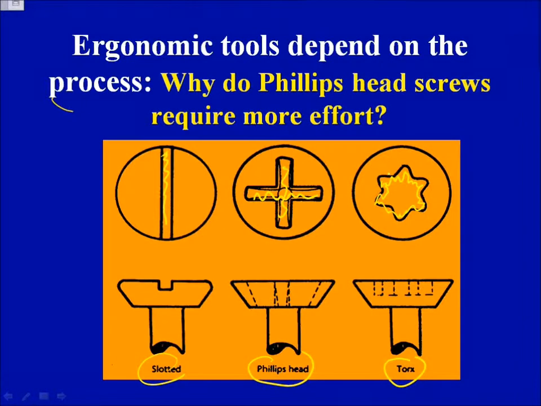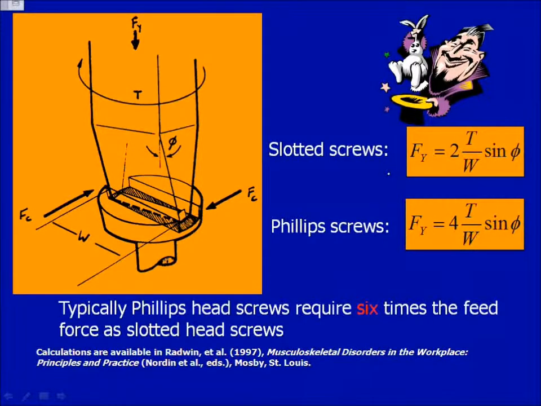This one is a little less intuitive. It talks about ergonomic tools in terms of Phillips heads and flathead and hex nuts. This is our Torx right here, the hex. This is our Phillips, and this is our slotted right here. And what you might think when you look at a Phillips is that, well, to me, Phillips might be more because there's more contact area than a slotted head.